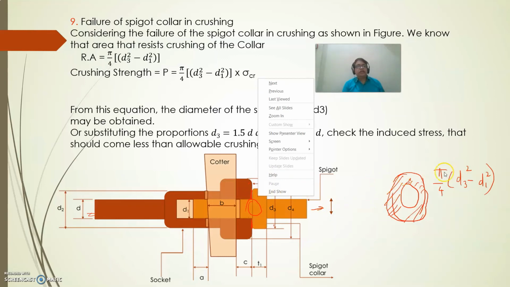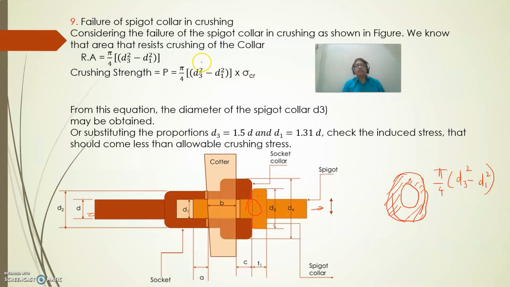By using this, I can get pi by 4 into D3 square minus D1 square into sigma CR, where sigma CR is the contact or crushing stress of the collar or the fork. You take any one of these. Taking that value, I can find out D3. If you know sigma CR, I can find out D3, or else you can take D3 equal to 1.5D.